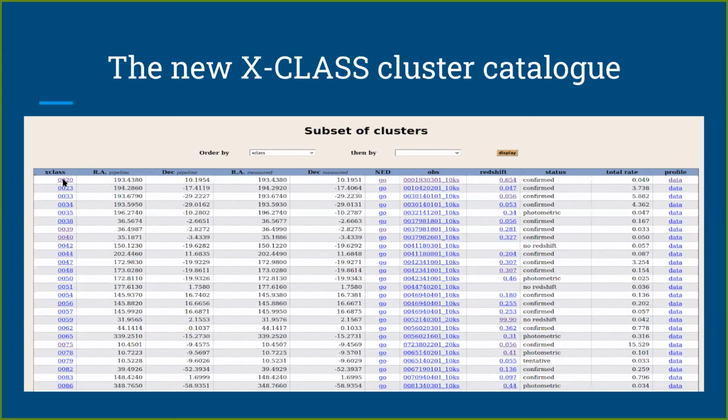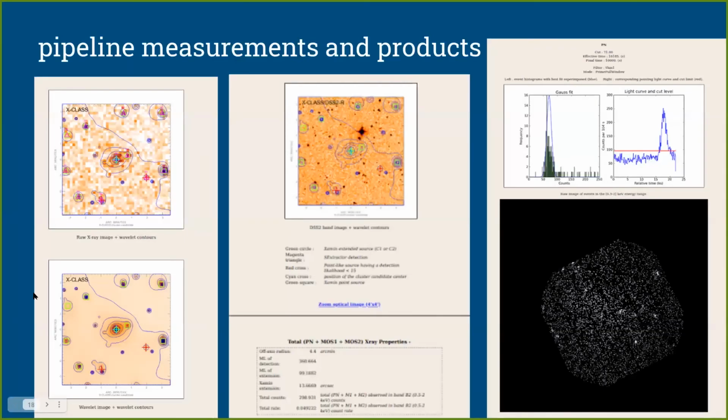For example, if you click on the X-class number, the sequence number, you get access to pipeline products.